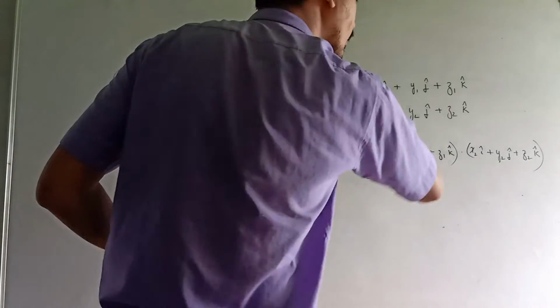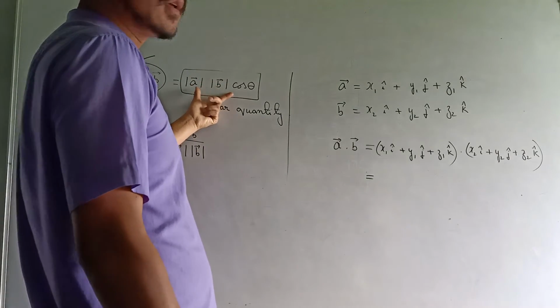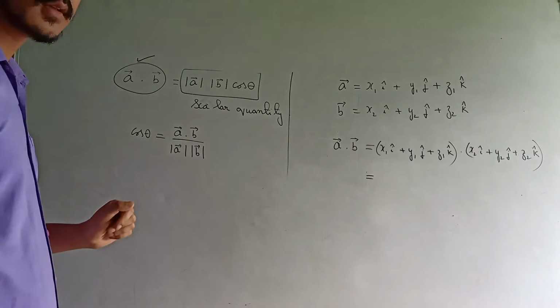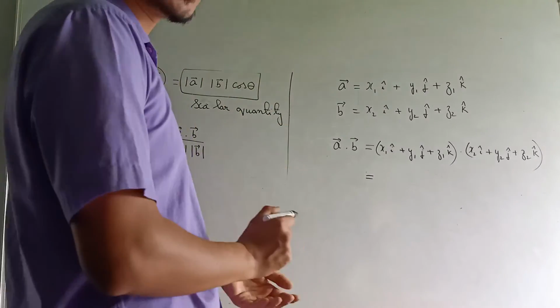We can just simply evaluate the dot product of any two vectors without using the definition. If the angle is given, use the definition. If the angle is not given, you can just evaluate their dot product without the definition.